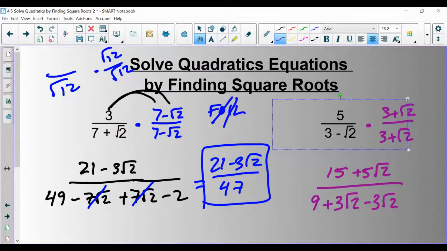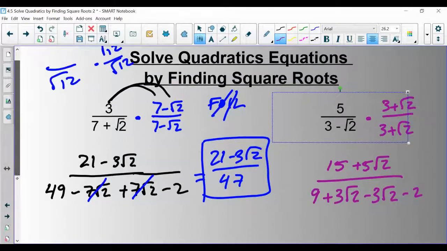We're just kind of writing them next to each other and paying attention to the signs, positive or negative. This is a positive number times a negative number, so it's going to be subtract. And then we have negative root 2 times positive root 2. Remember, root 2 times root 2 is just 2, and the negative times a positive is going to be subtract 2.